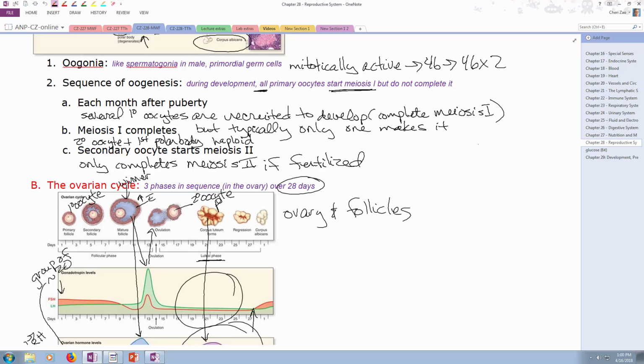FSH acts like a recruiter, and it comes up to a group of primary oocytes that are primordial follicles and says to a group of, say, 20, I would like this group of 20 of you to enter this race and complete this race of meiosis 1 and become the winner, which is the secondary oocyte.